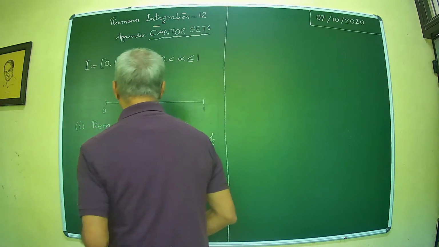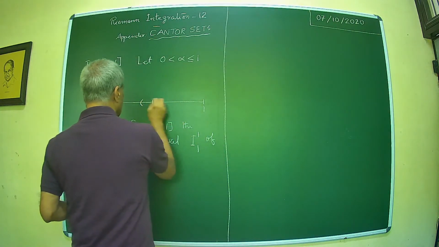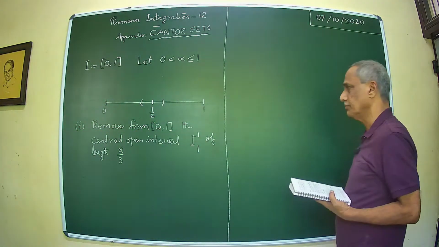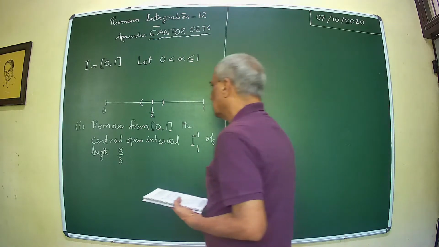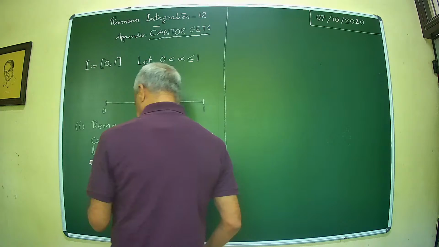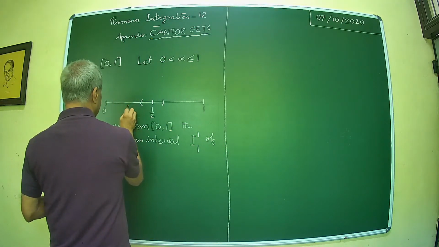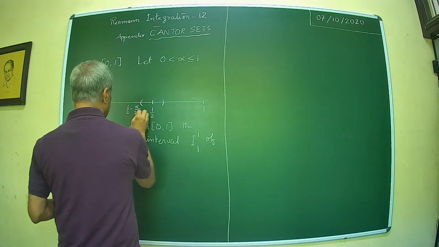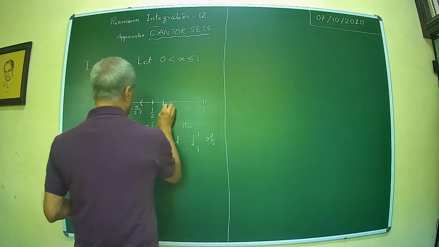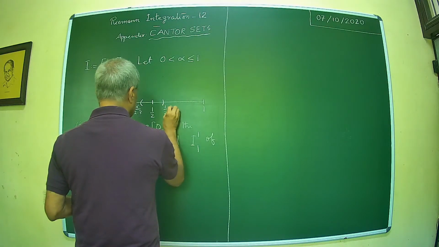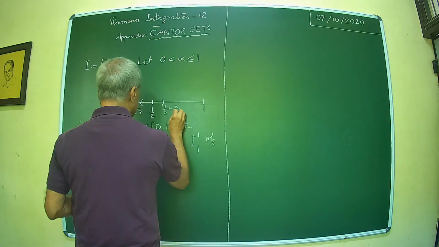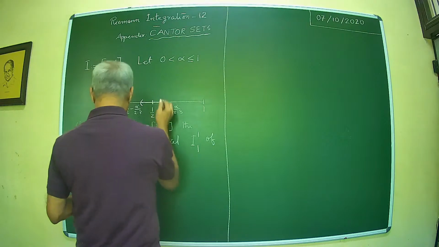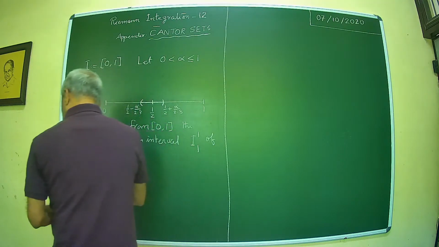We remove from it an open interval from the middle, symmetric about half, the interval from half minus alpha divided by 2 into 3, to half plus alpha divided by 2 into 3.